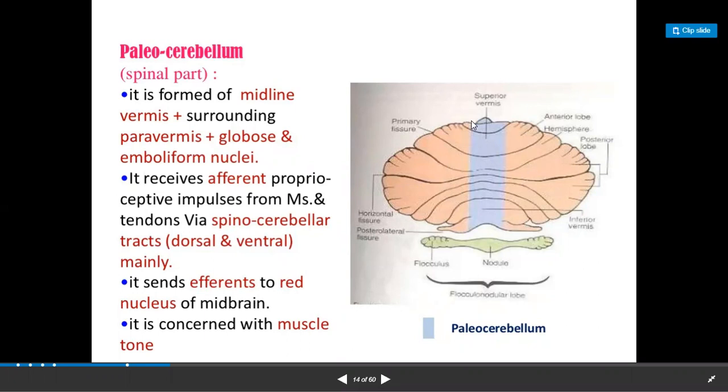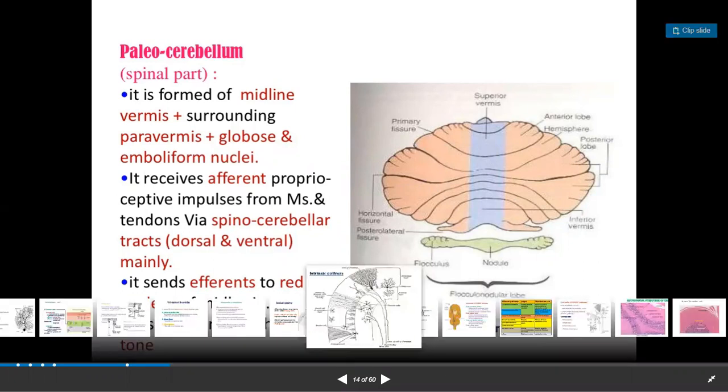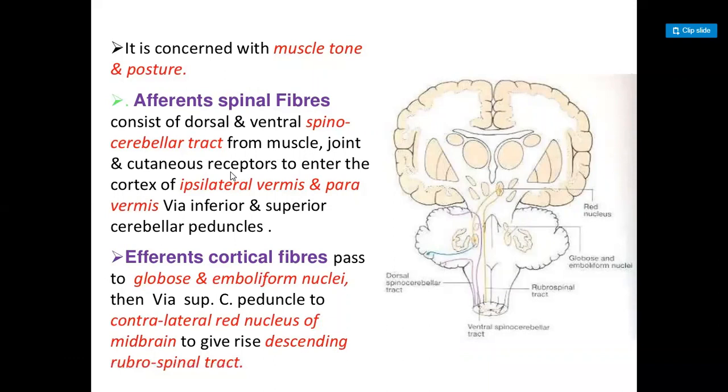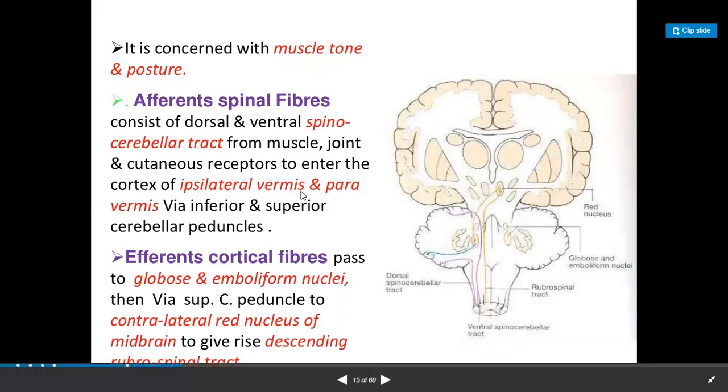So the archicerebellum was with the vestibular apparatus, the paleocerebellum with controlling of muscle tone and posture. The afferent spinal fibers consist of the dorsal and ventral spinocerebellar tracts, which start from muscle, joint and cutaneous receptors to enter the cortex of the ipsilateral vermis, that is the same side of the vermis, and paravermis via the inferior and superior cerebellar peduncles.